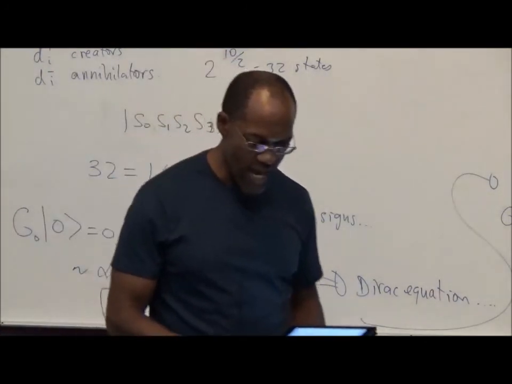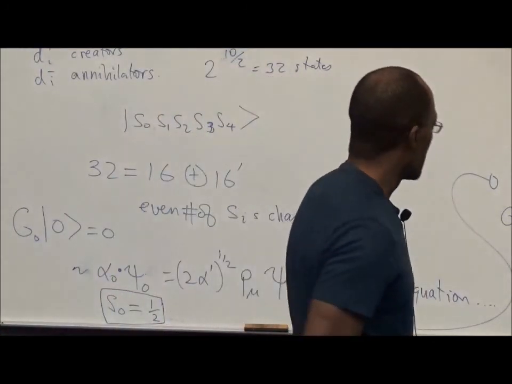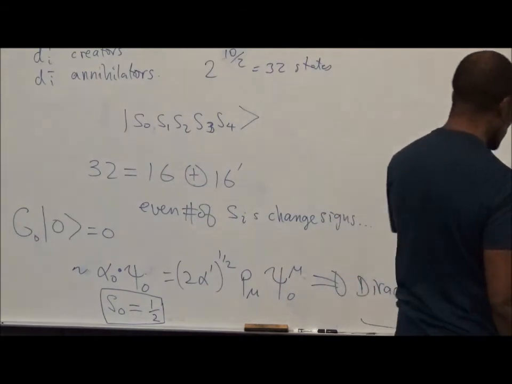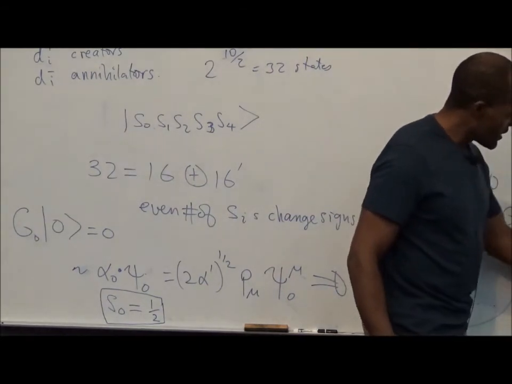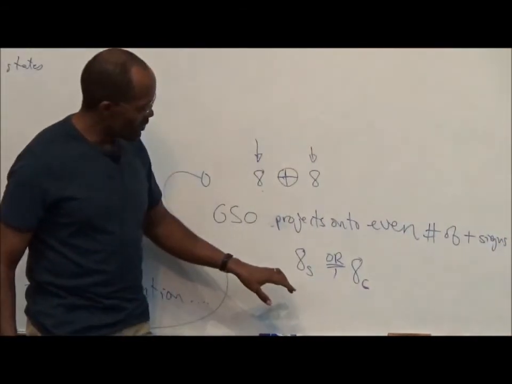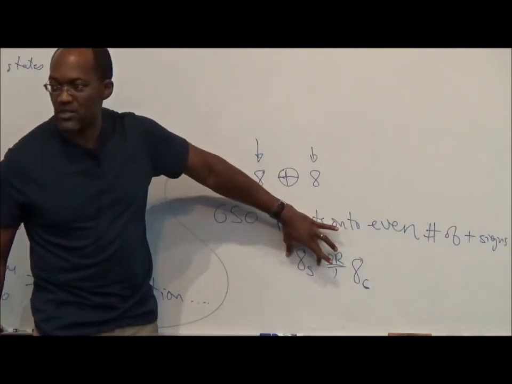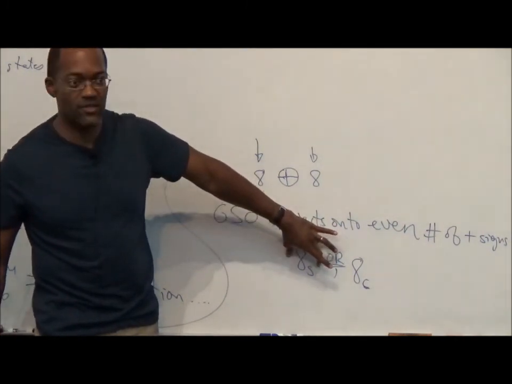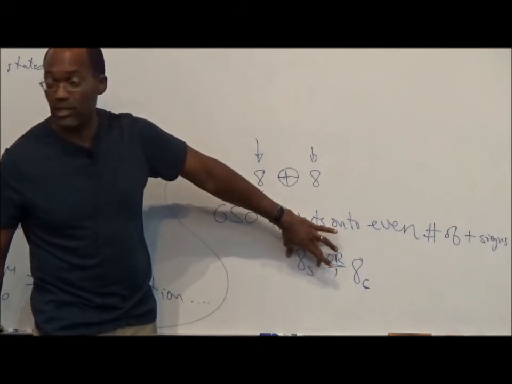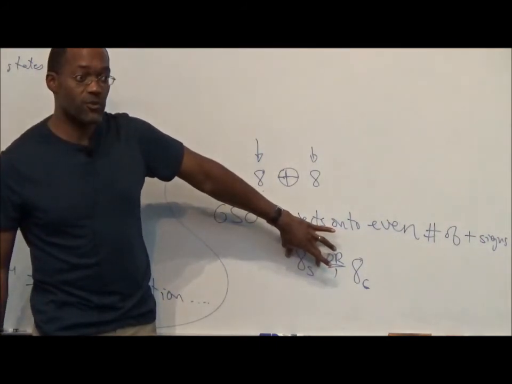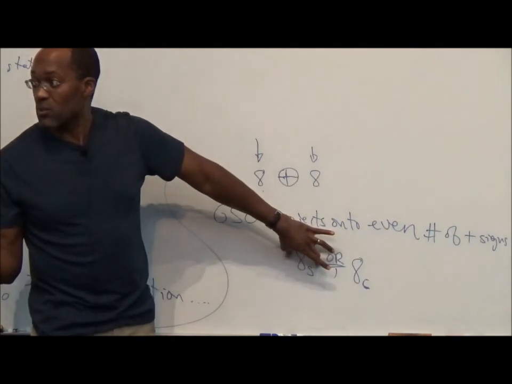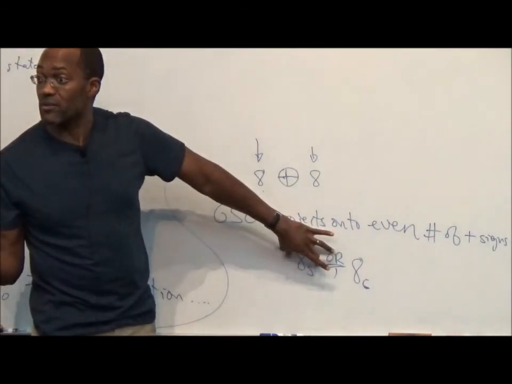Right now these are equivalent choices, and if I only have one copy of this fermionic 8 floating around in space-time, it doesn't matter whether I call it the 8S or the 8C. They're completely equivalent. Only in a situation where I have both of them will I distinguish between them.